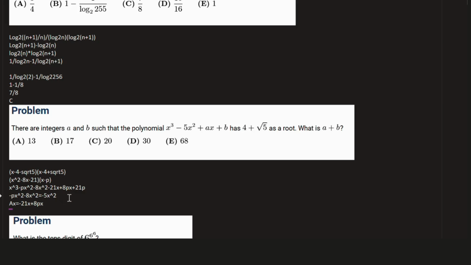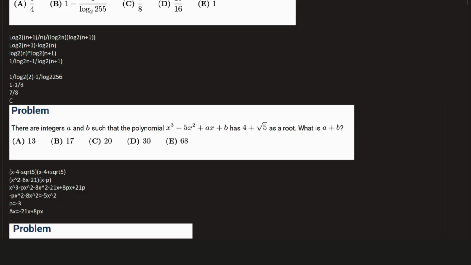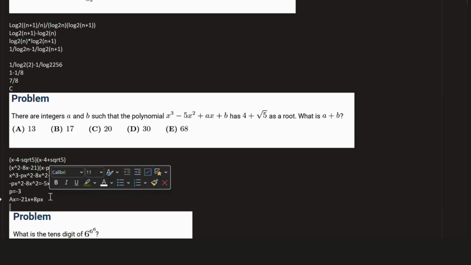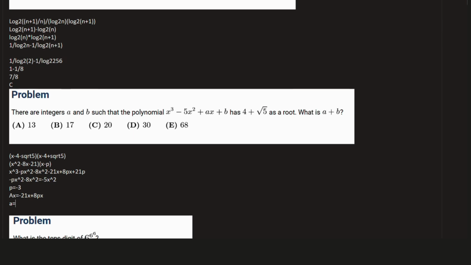And since from this equation we got that p equals negative 3, we have a equals x squared minus 8x minus 11 over here. So then we can plug that back in, 11p minus 11x. So then we have a equals negative 11x plus 8px, giving us a equals negative 13.